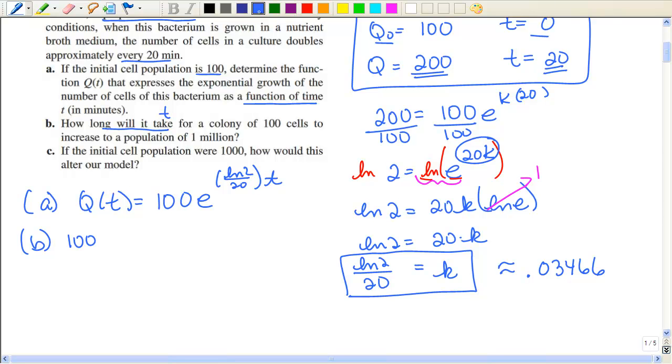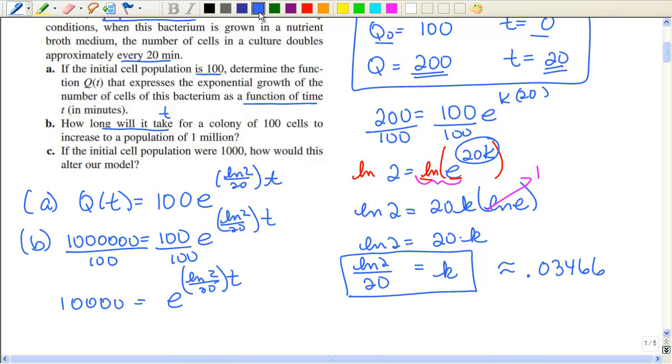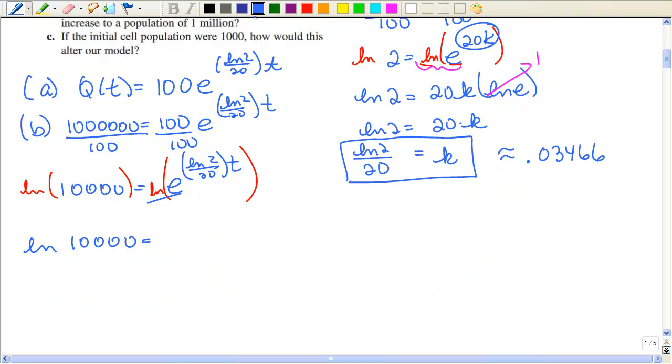So we want 1 million equals 100 e to the natural log of 2 over 20 times t, and this time we're solving for t, for how long. So I'm going to divide by 100, then I'm going to take the natural log of both sides, and the natural log and e are going to cancel each other out, so I have the natural log of 2 over 20 times t.